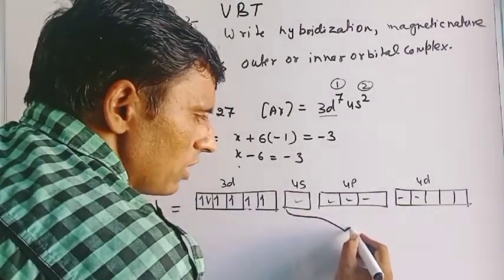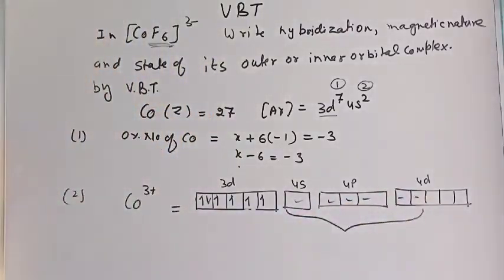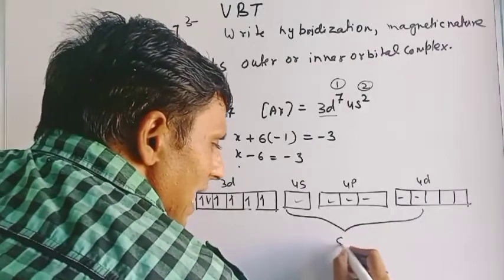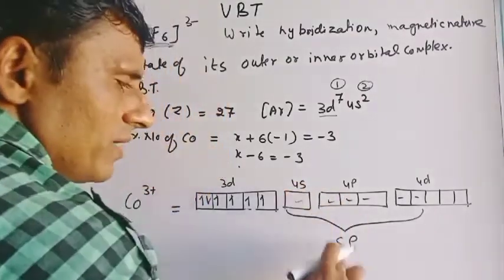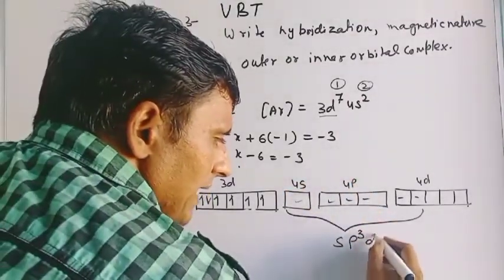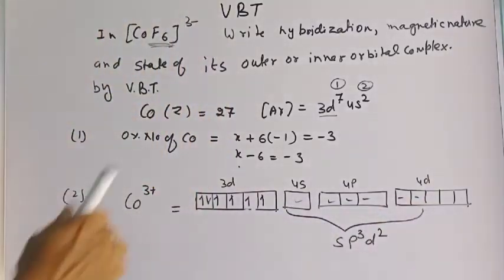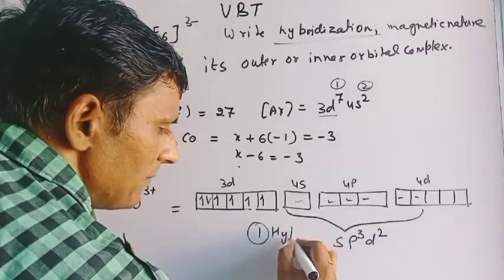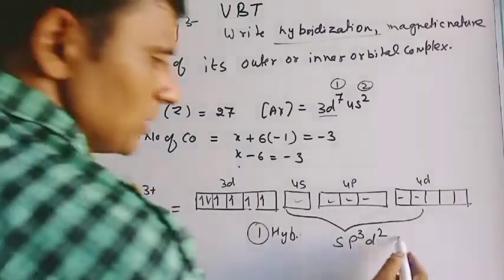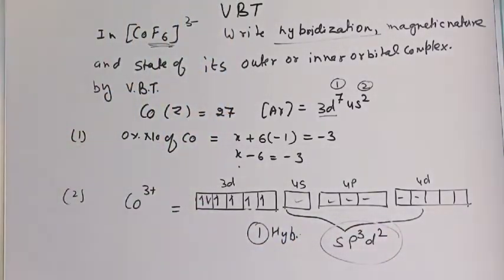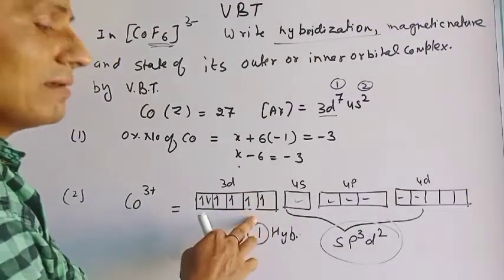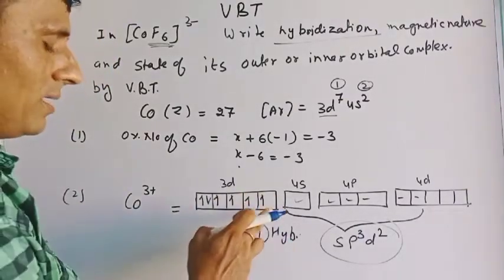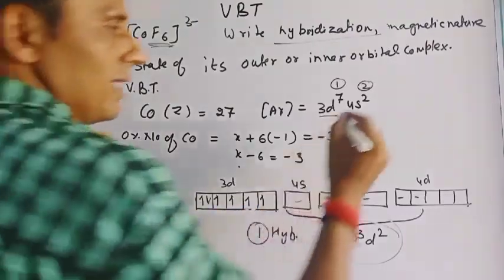So these 6 orbitals can be used, therefore s1, p3 and d2. So the hybridization is sp3d2.